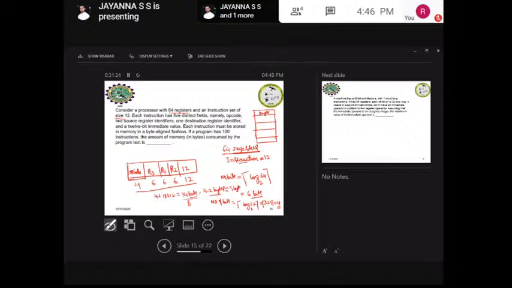Therefore, to store one instruction we need 5 bytes. To store 100 instructions, 100 times 5 gives 500 bytes. So that is the answer: 500 bytes of memory are required to store 100 instructions.